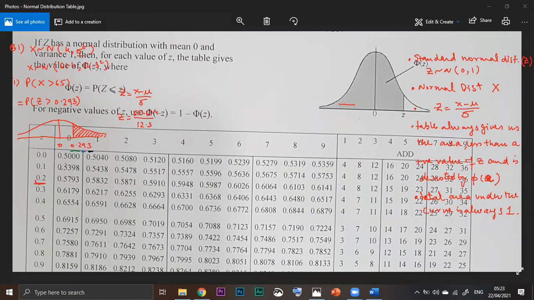And next is 9. We will locate 9 in the first row. The value at the intersection of these two is 0.6141.